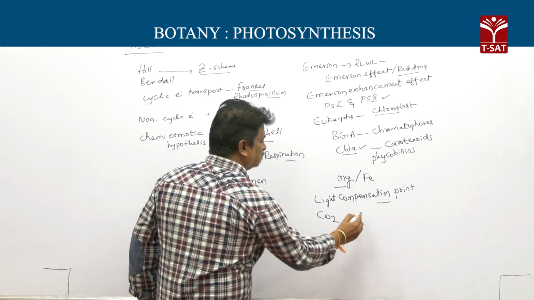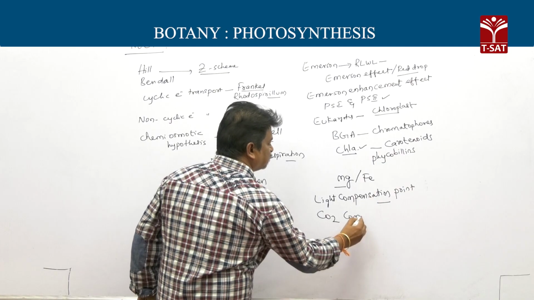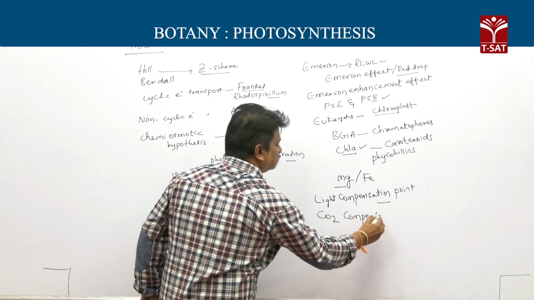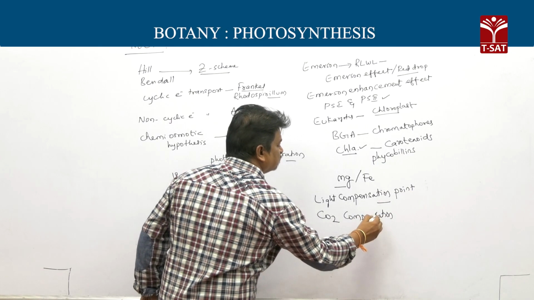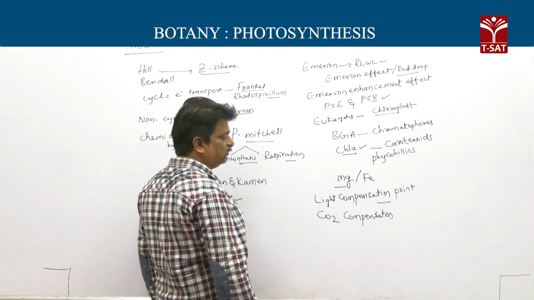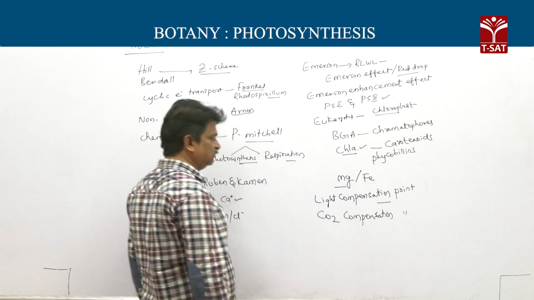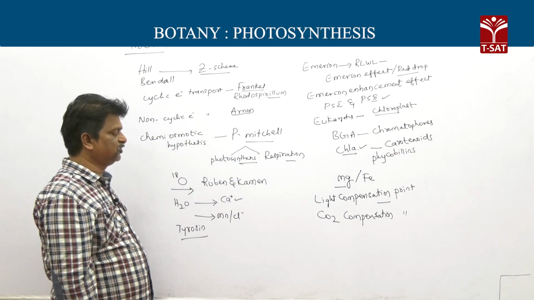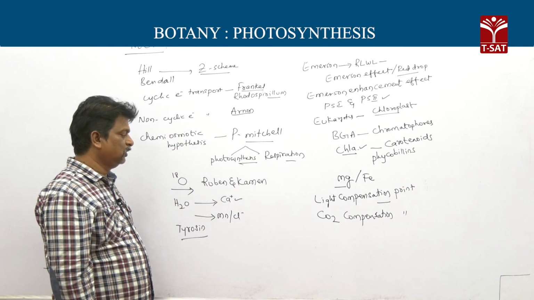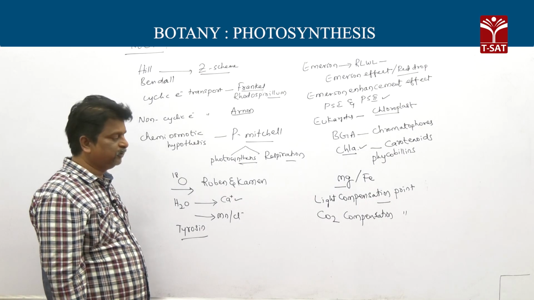The next one, carbon dioxide compensation point, the point at which photosynthesis just compensates respiration. It is called carbon dioxide compensation point.